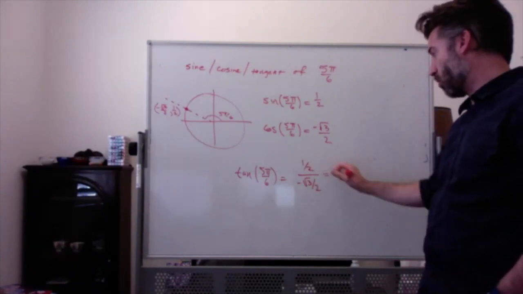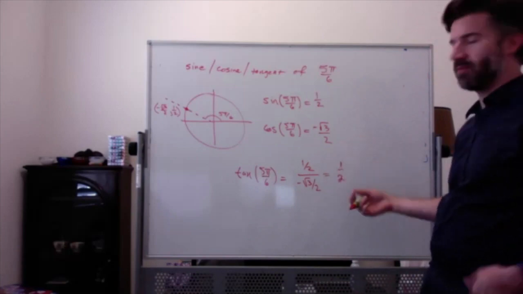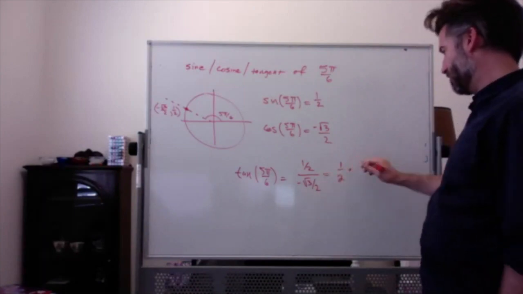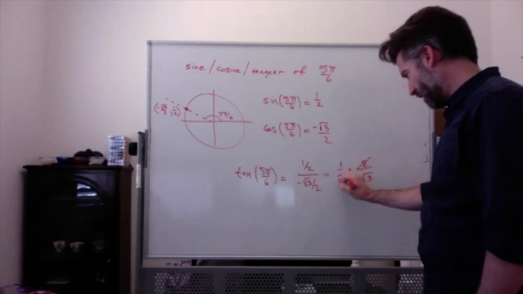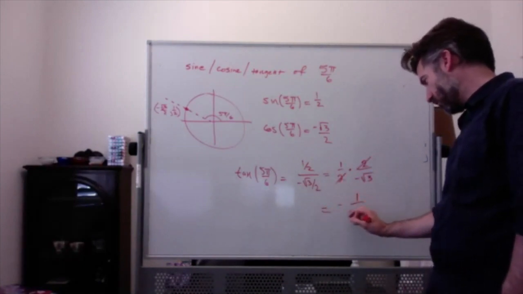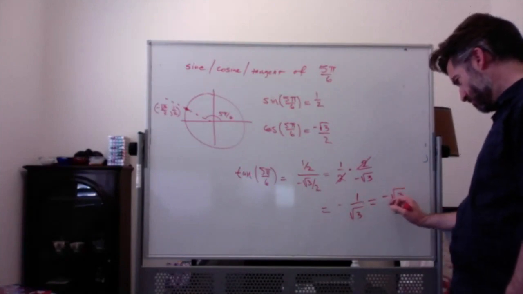That's going to be 1/2 times 2 over negative root 3. The 2's cancel, and you get negative 1 over root 3. And if we rationalize, we get negative root 3 over 3.